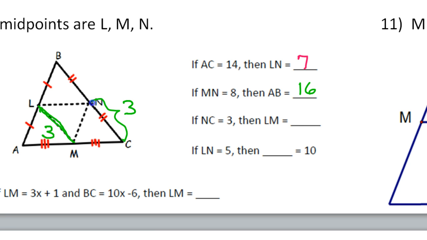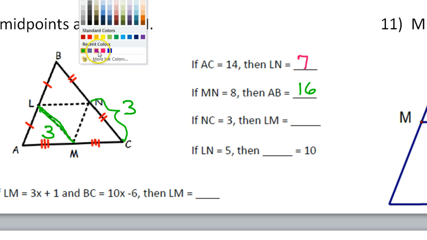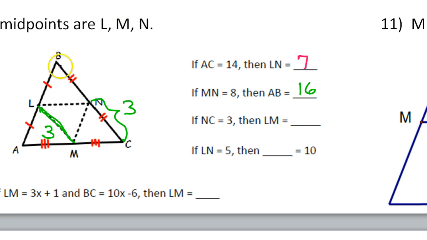If NC here is 3, then that means that the whole thing from B to C would be 6. And of course the LM, the midpoint connector, has to be half the size of the parallel side here. So if this is 6, then this will be 3. Or you can just do the mental shortcut and know, oh, they're both half. So they're going to be the same. Anyway, 3.